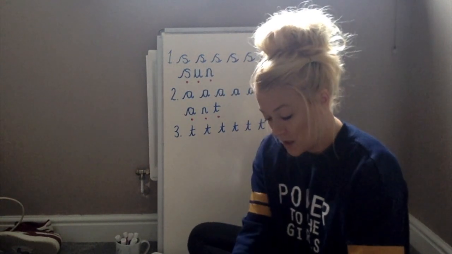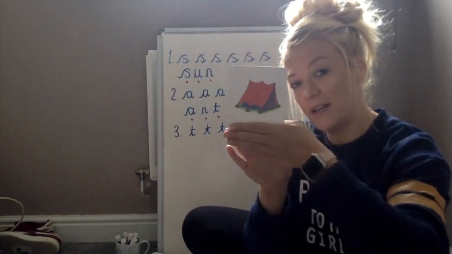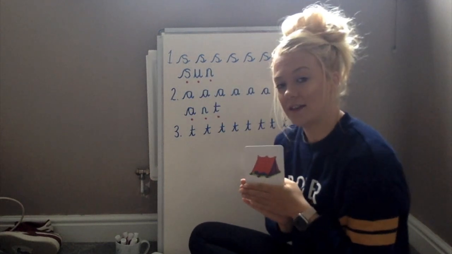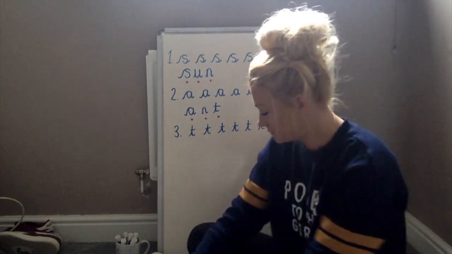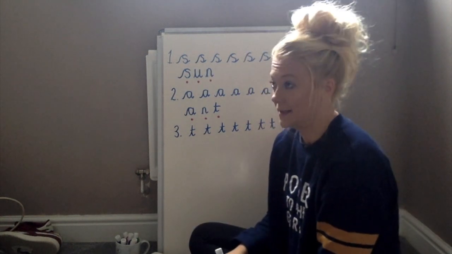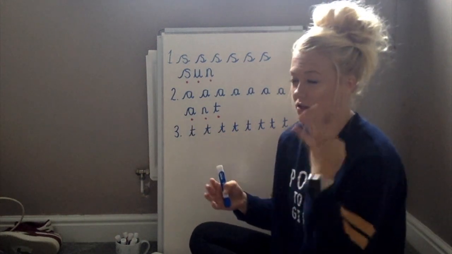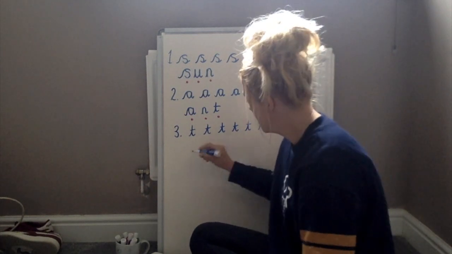Alright. So, here's our picture. And it's the picture of a tent. Alright. Practice. Can you write that down without help first and pause the video? Okay, tent. T, e, n, t. Tent. So there's 4 sounds. So I should make sure I've got my 4 sounds.